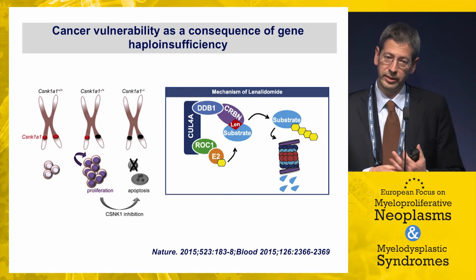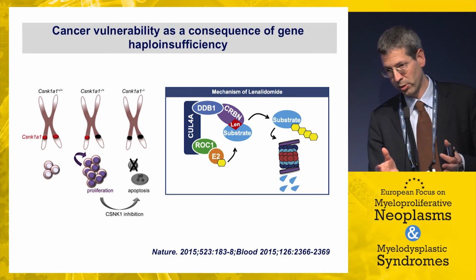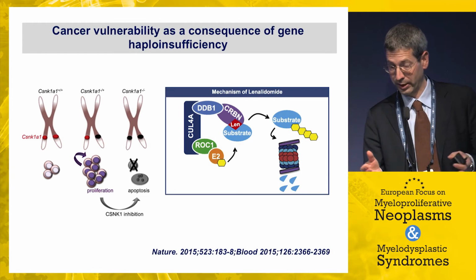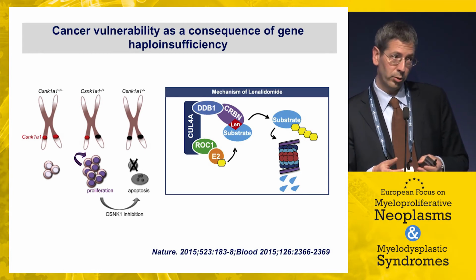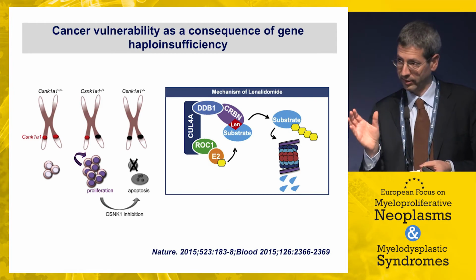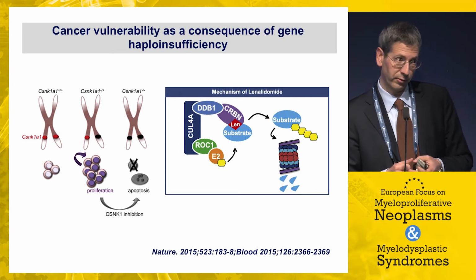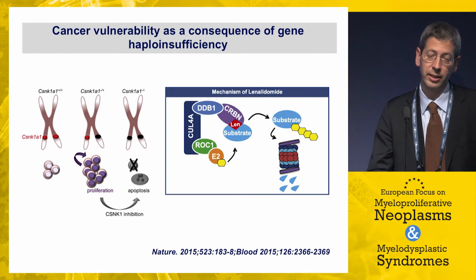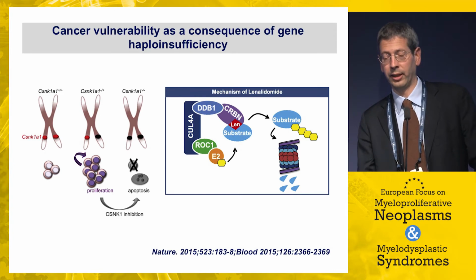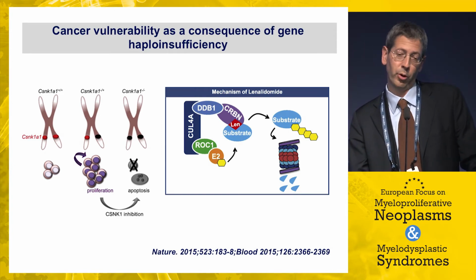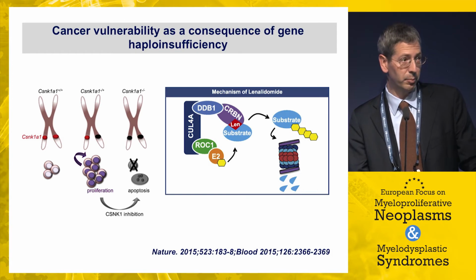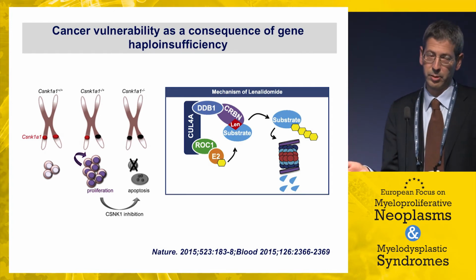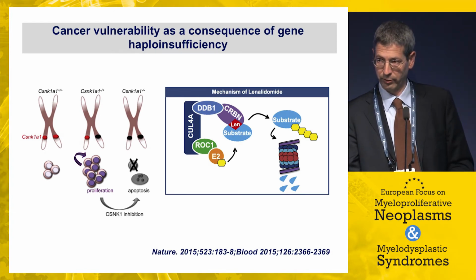And the identification of the molecular basis also provided the evidence for a targeted treatment, and we know that lenalidomide has a selective activity against the 5q minus clone, as it was recently shown that this agent induces the degradation of proteins by increasing their ubiquitination, and in particular increases the degradation of casein kinase 1A1, which is the basis for the proliferative advantage of the 5q minus clone.